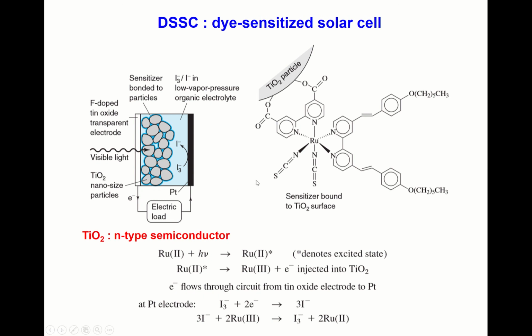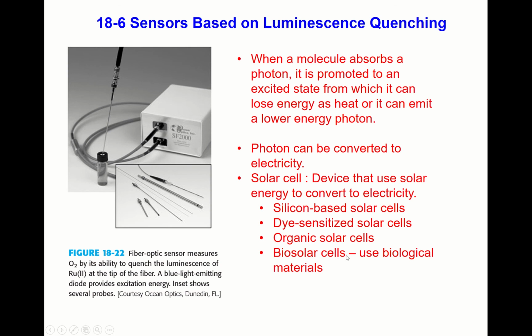Okay, and here the biosolar cell is very promising. Okay, this is at the development stage. Okay, since it is my expertise, yeah, I'm studying these biosolar cells now. Okay, so I have much to say about these solar cells. But if you are interested, you can take my other course, bioenergy chemistry.